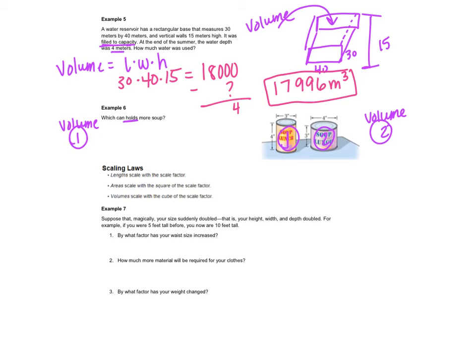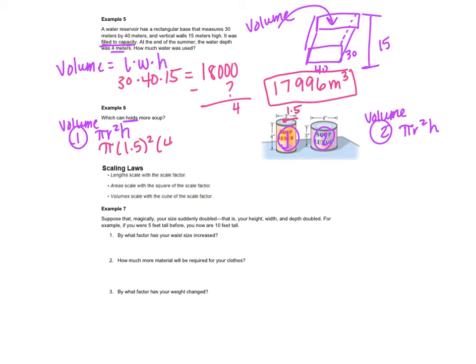So I'm going to use my cylinder volume from the page before. So I'm going to use my pi r squared h. And they're both cylinders, so it's not too bad. All right. So on the first one, I'm going to have pi. My radius, well, if my diameter is 3, then my radius would be 1.5.